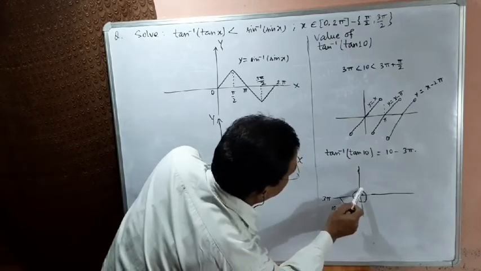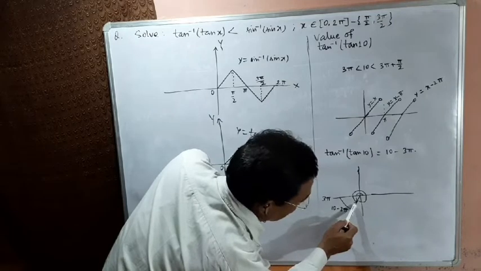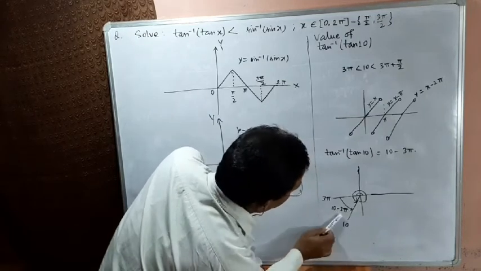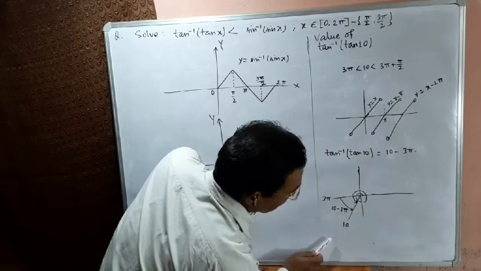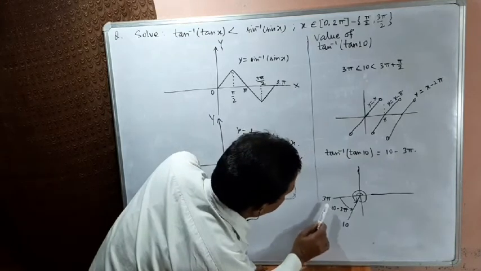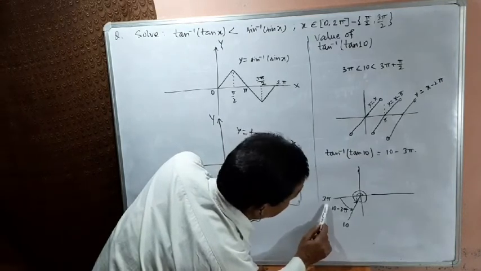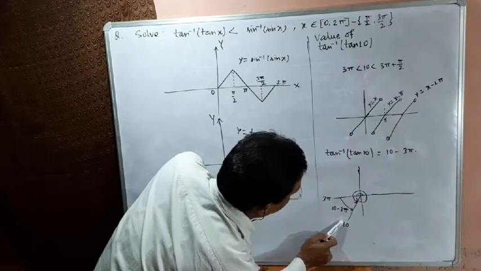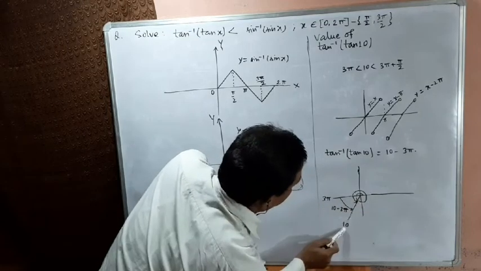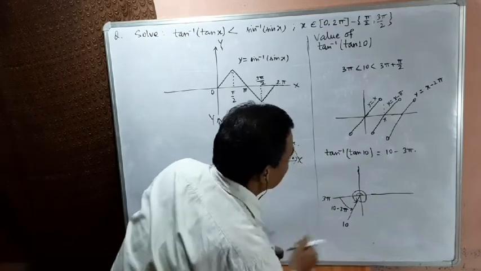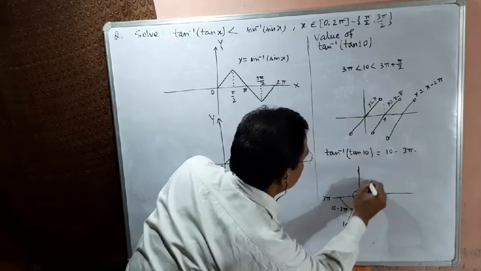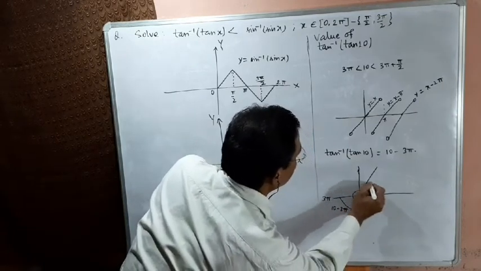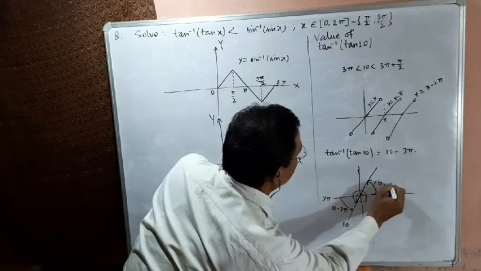After one rotation, in the second rotation, up to here, this is 10. Therefore, this angle will be 10 minus 3 pi, because 10 is greater than 3 pi. And therefore, in the first quadrant, this can be written as 10 minus 3 pi. We are talking about this angle. This angle will be equivalent to this, and its value will be 10 minus 3 pi.